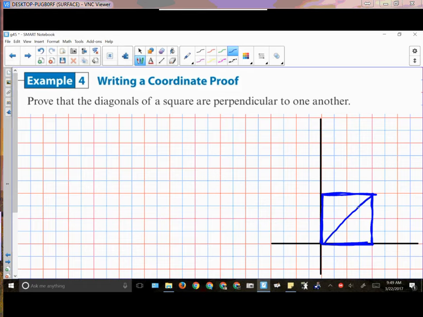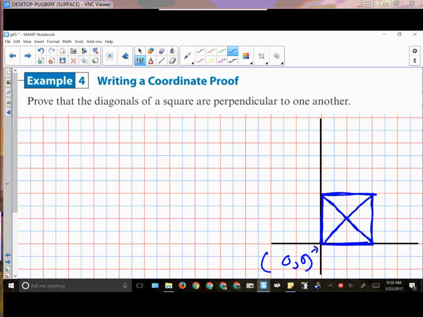Now it said the diagonals are going to be perpendicular to each other. Let's see, the coordinates would be handy right now. So this would end up being 0, 0. Do I have a distance here? Now, would I want to go and say, hey, this is 4 units?